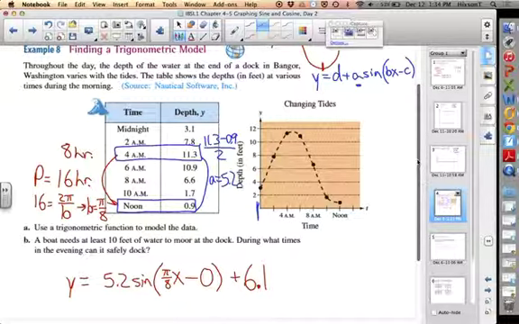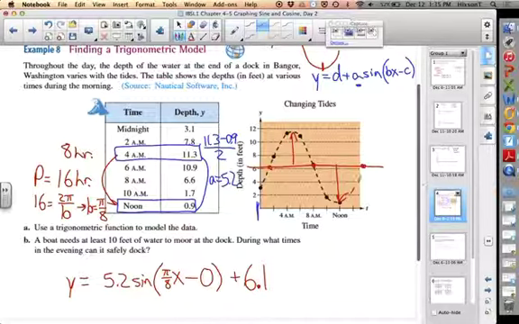Where's the 6.1 concept? The 6.1 came from the fact that if this is the max and this is the min, sine, remember, has that kind of midline there that you go up to get the max, you go down to get the min, but this is where it would start and finish.